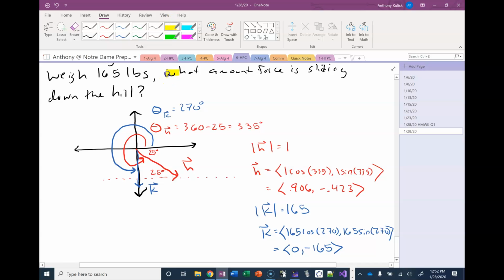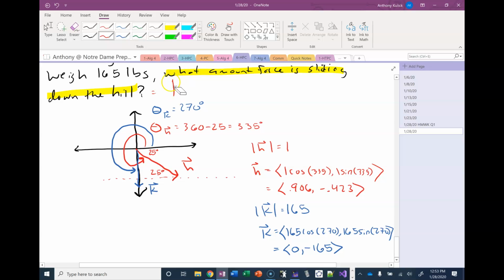So the amount of force sliding down this hill is going to be my vector K projected onto my vector H, and just taking the magnitude of that.